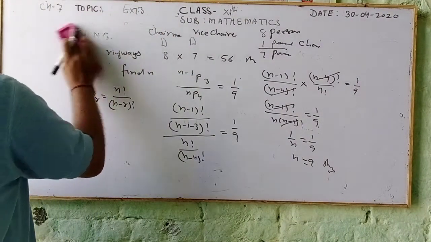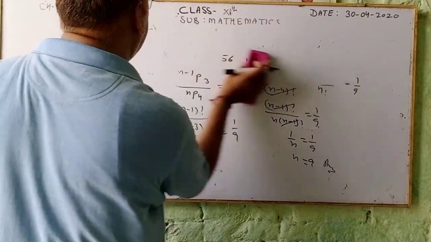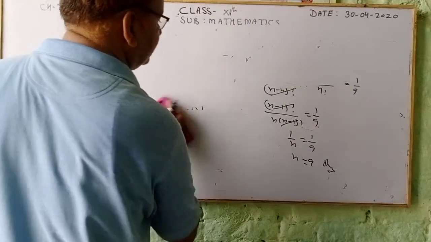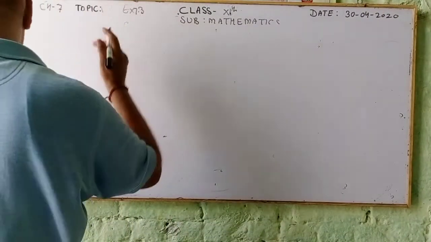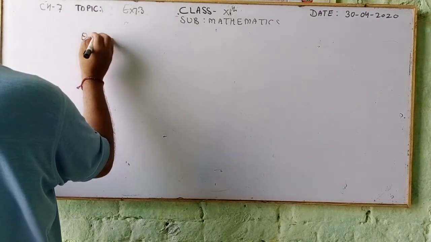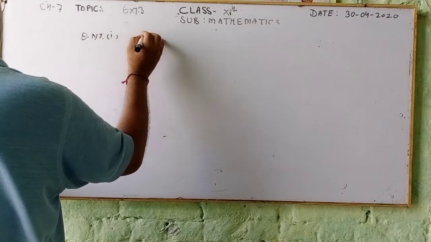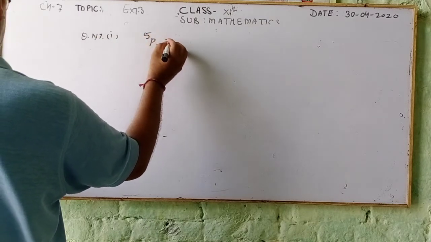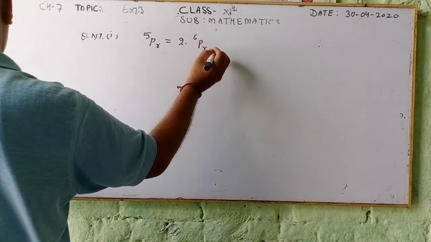We are taking another question, question number 7, first part: 5Pr equal to 2 into 6P r minus 1.